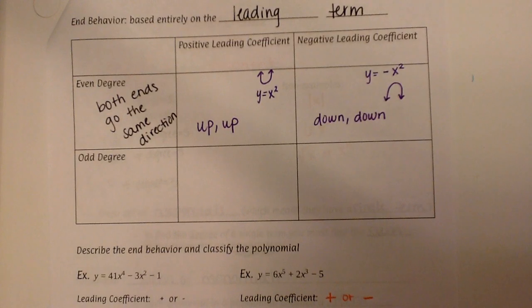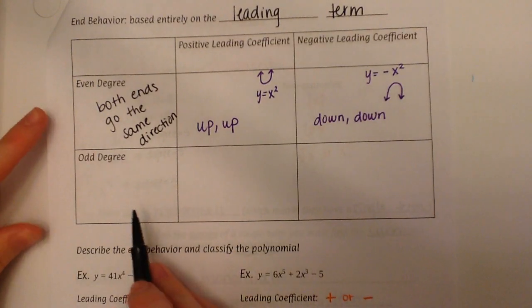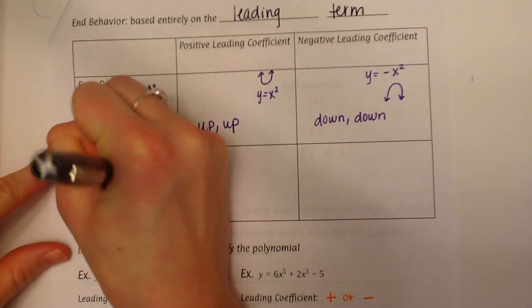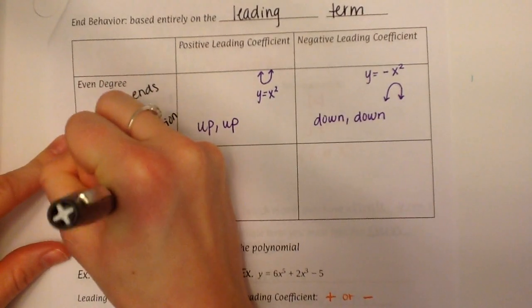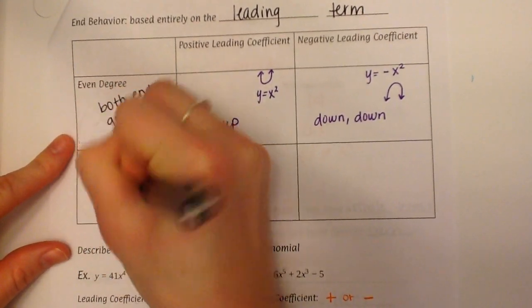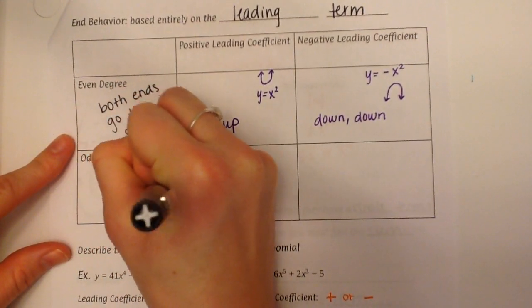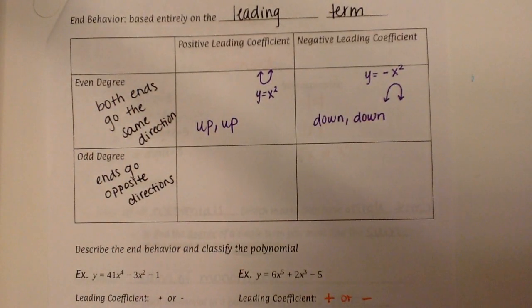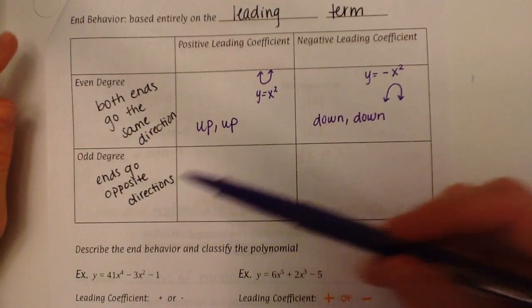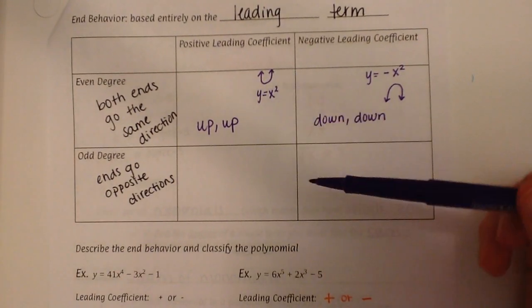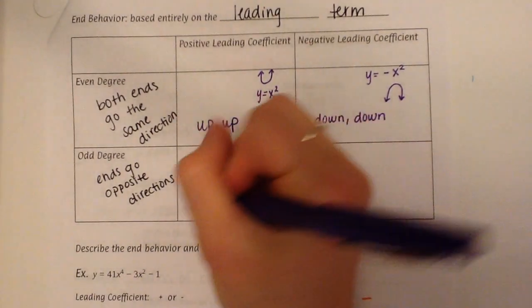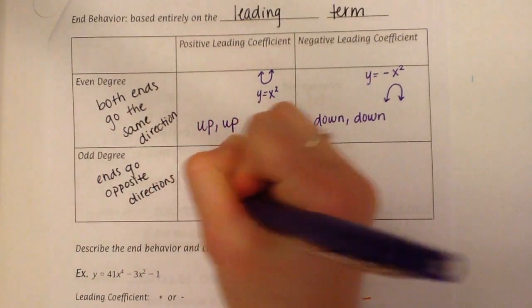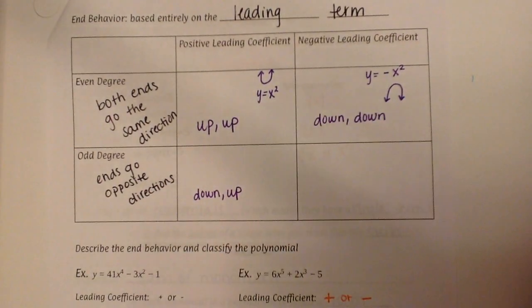So, next, for an odd degree, the ends are going to go in opposite directions. So if we have an odd degree, we can have a positive leading coefficient, and if it is positive, it's going to go down on one side and then up.